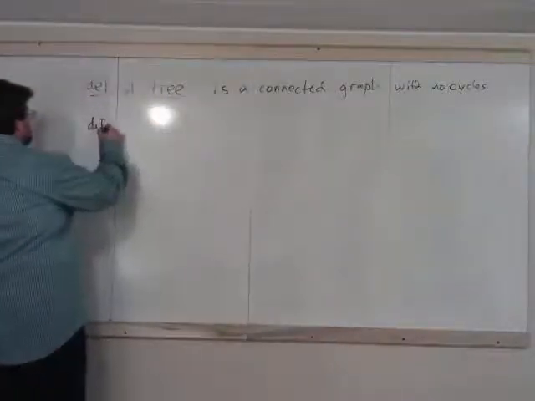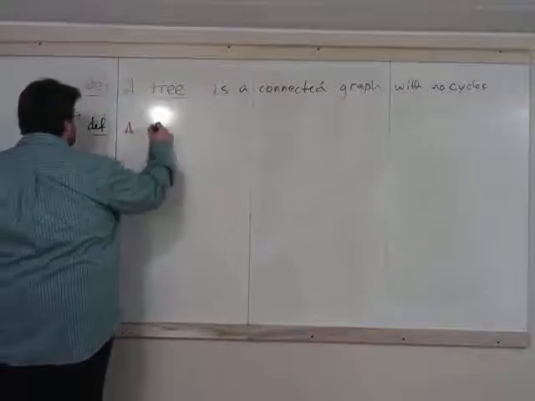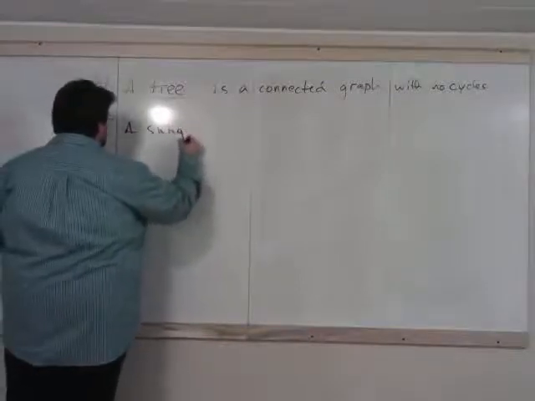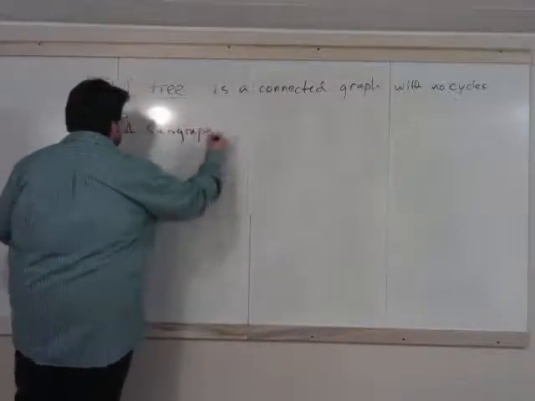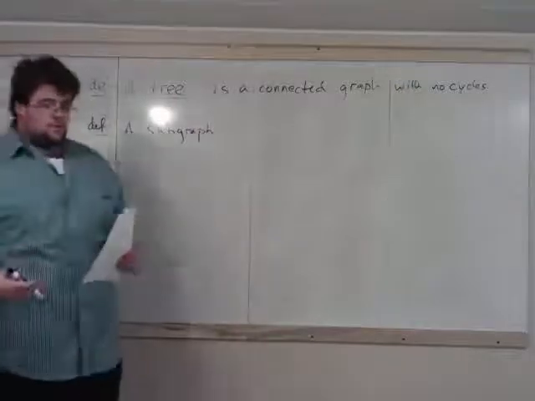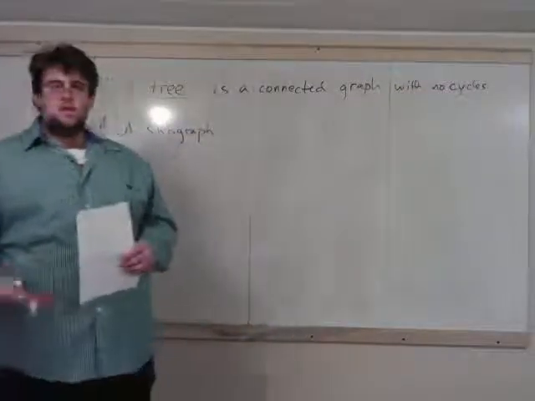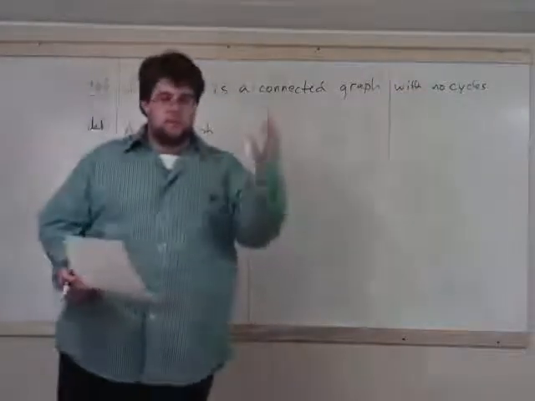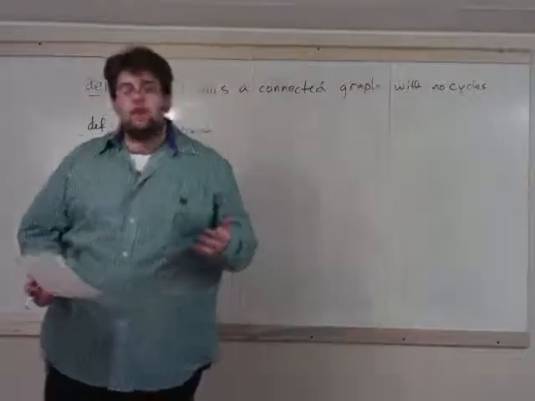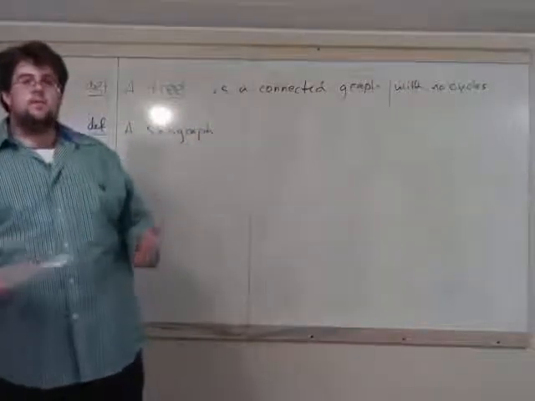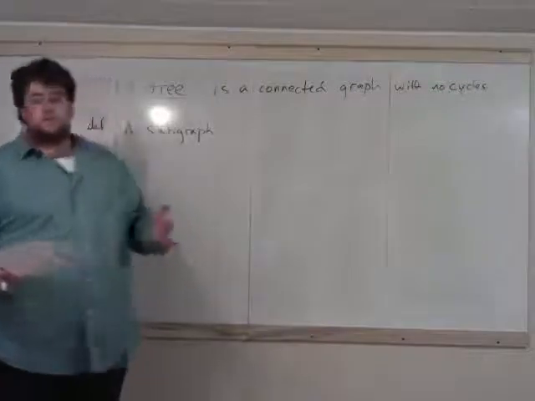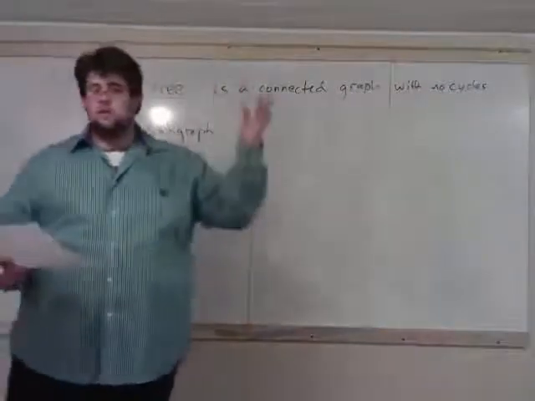Definition. A subgraph. So a spanning tree is going to be contained in another graph. It's going to be a tree contained in another graph, and it's going to hit all of the vertices. So it's a tree inside a graph that hits all the vertices.